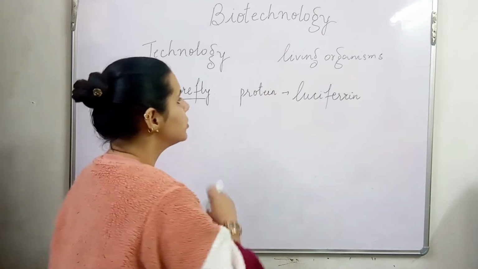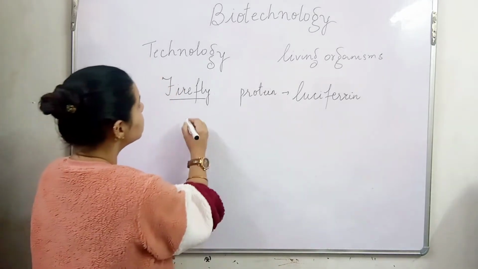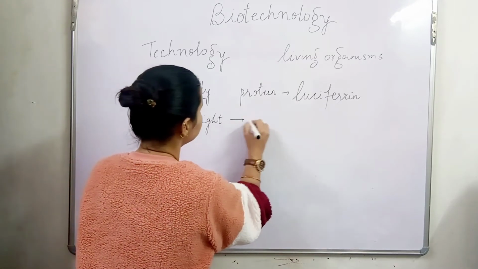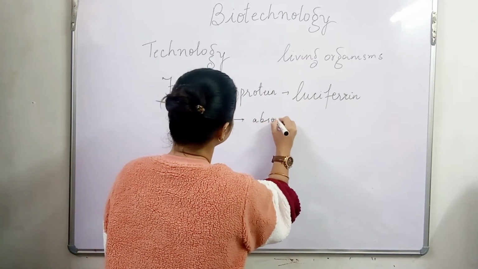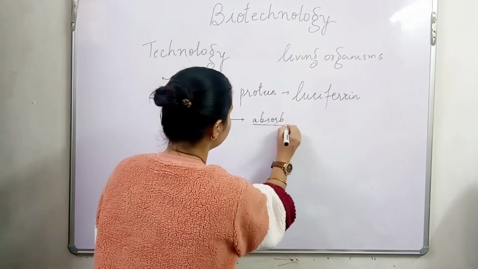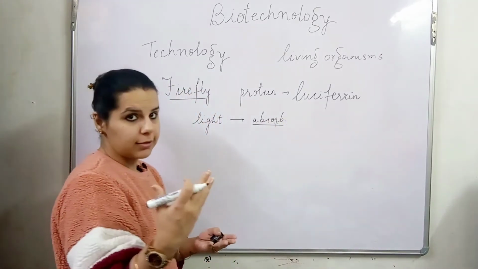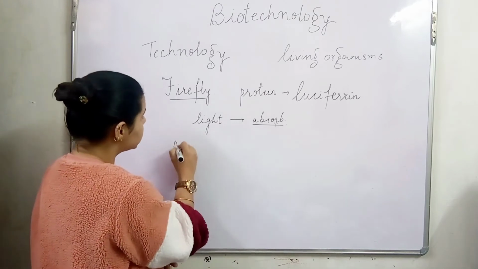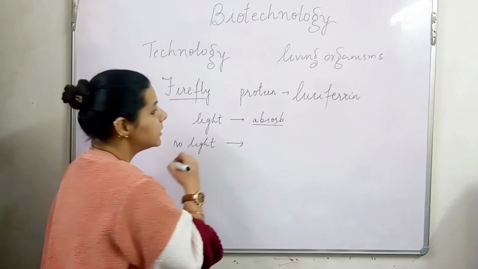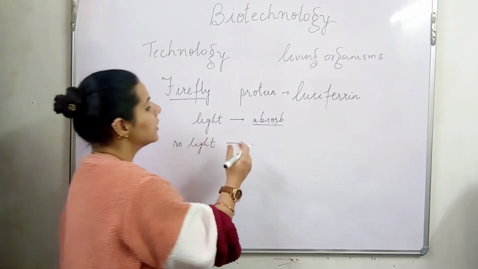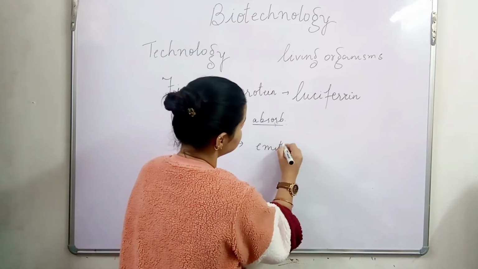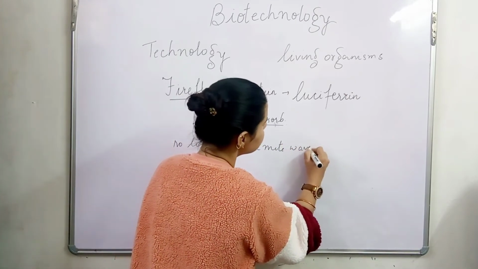Luciferin, in the presence of light, when photons are available, absorbs these photons. And when it is dark, when there is no light available, this protein emits light, it emits some wavelengths.